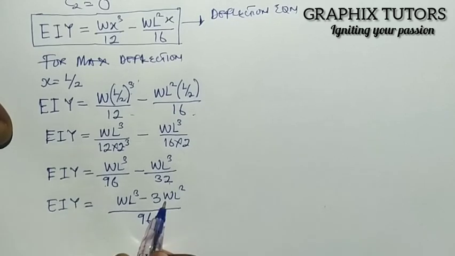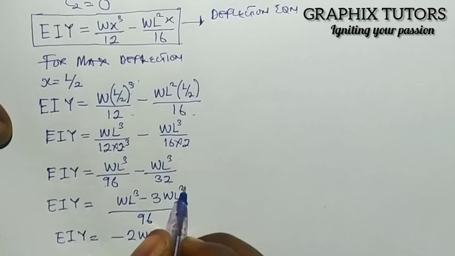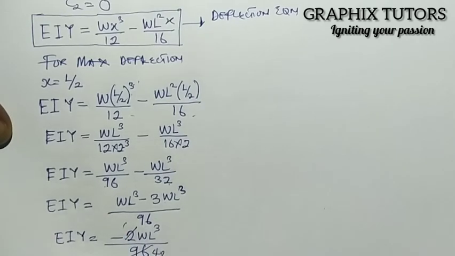So from here, this minus this will leave me with EI y equals to minus 2wL cube all over 96. In this case, 2 in 96 is 48.